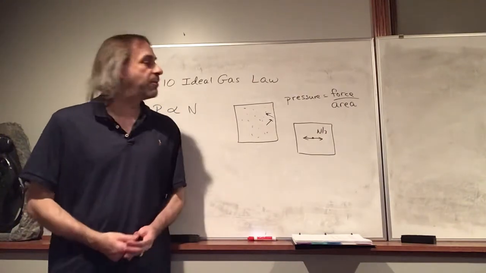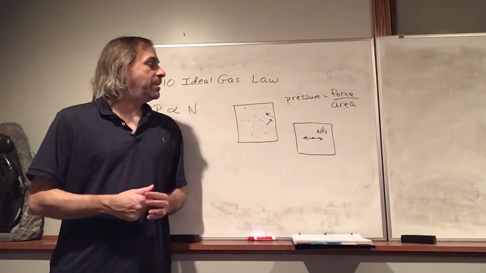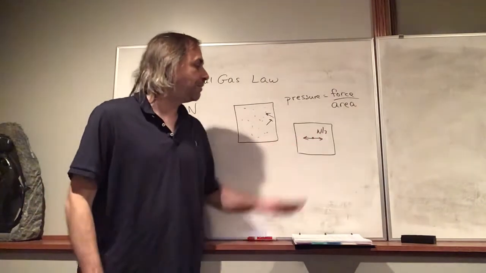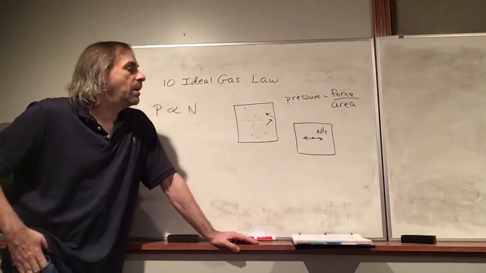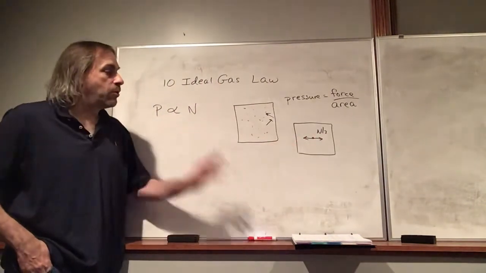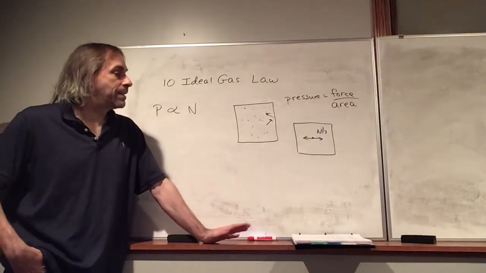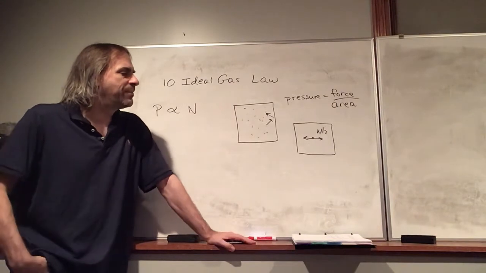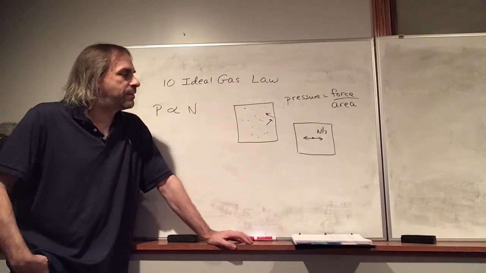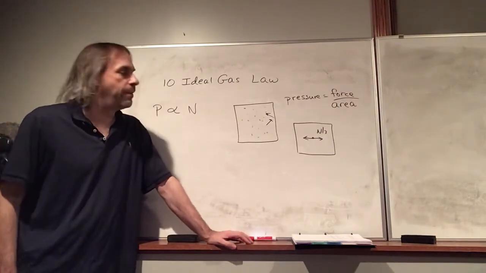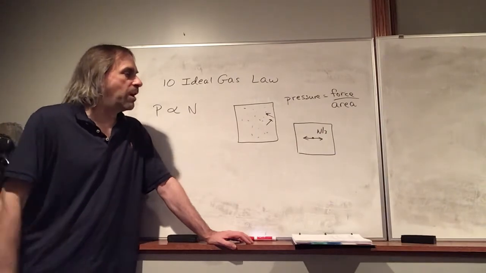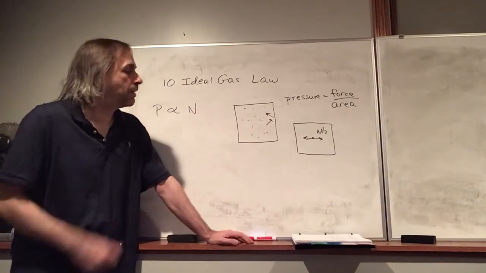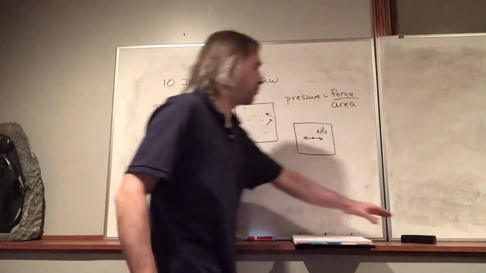But that's a simplification you need to make. You can try to relate how the pressure would depend on the temperature of the gas by considering these kind of crude models. I go back and forth on whether I do that. It's a little too much of a simplification for my taste, so I kind of skip that approach.